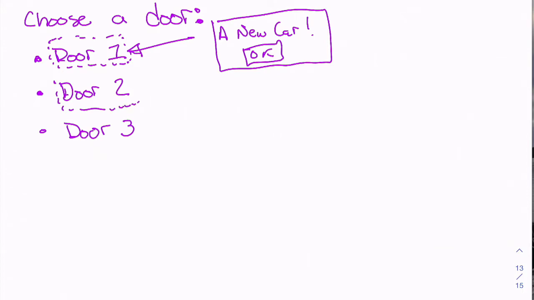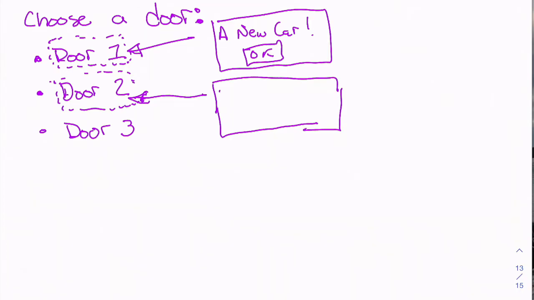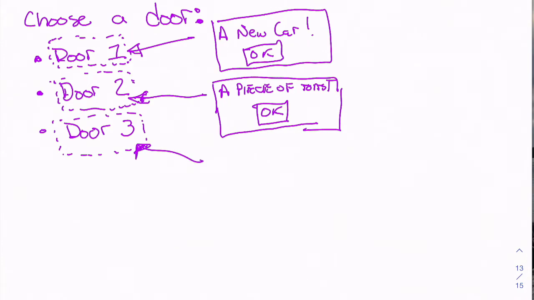If we pick door number 2, we're going to see a pop-up box that says a piece of toast, with an OK button. And finally, if you click door number 3, it's going to say nothing. You get nothing.